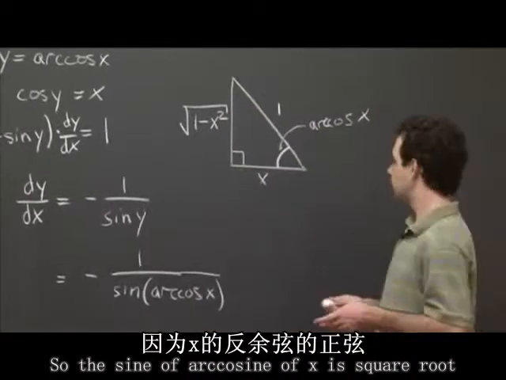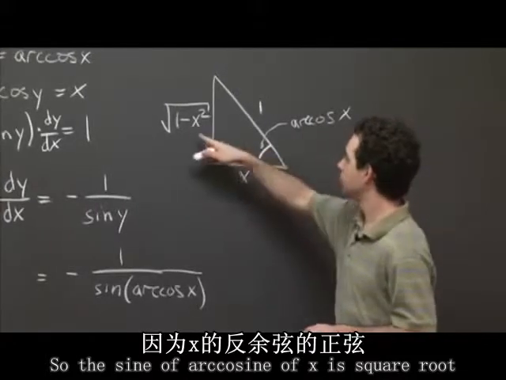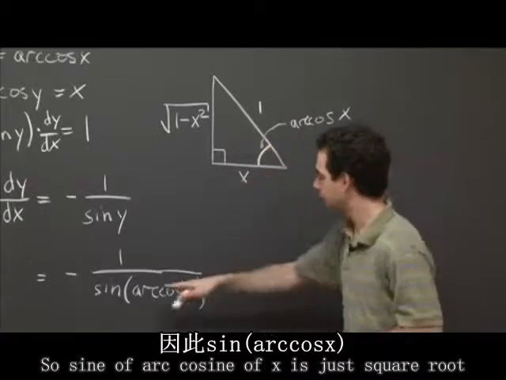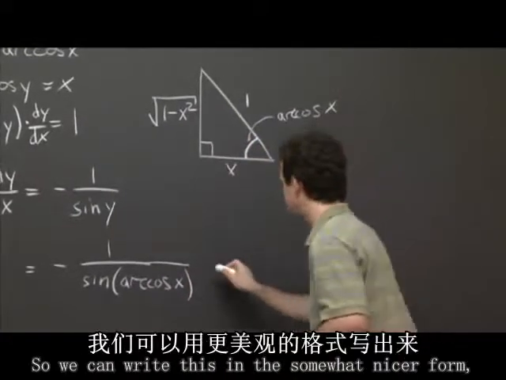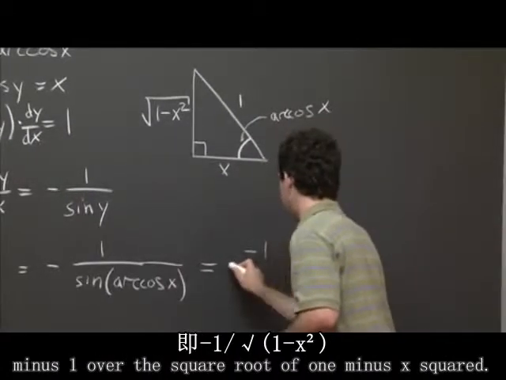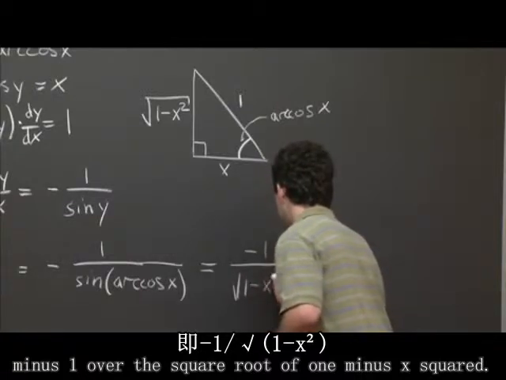So the sine of arc cosine of x is square root of 1 minus x squared divided by 1. So sine of arc cosine of x is just the square root of 1 minus x squared. So we can write this in the somewhat nicer form, minus 1 over the square root of 1 minus x squared.